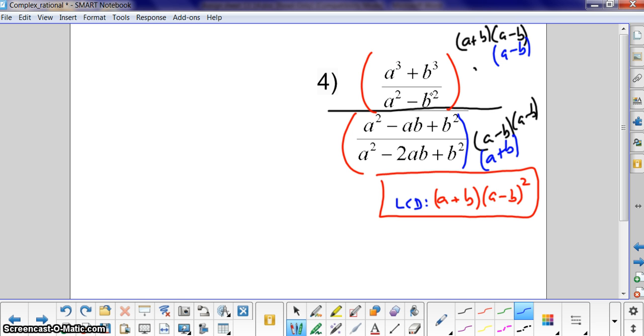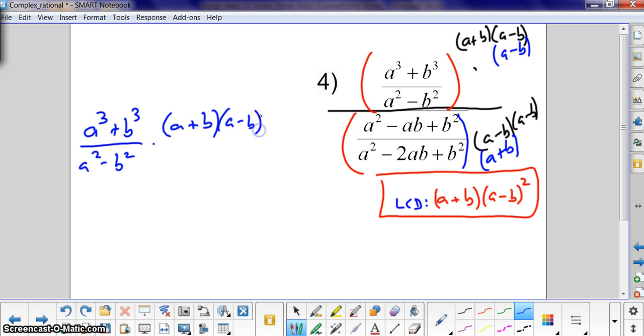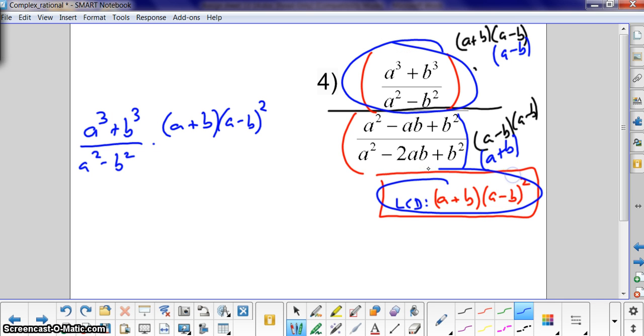So here we go. On the numerator here, I have a cubed plus b cubed over a squared minus b squared, and I'm going to multiply that by a plus b times a minus b quantity squared. Right now I'm just concentrating on this part of it being multiplied by my least common denominator.